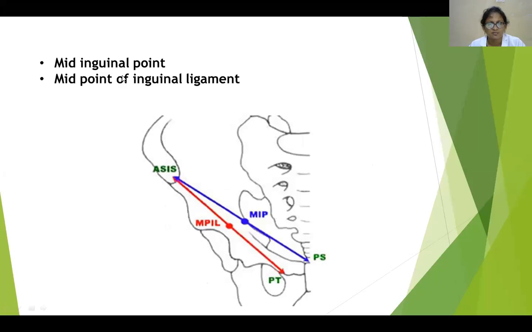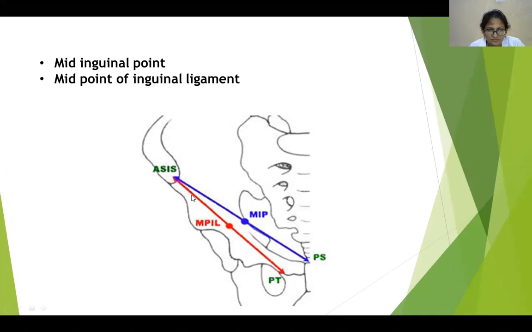Next, coming to the mid-inguinal point and the midpoint of the inguinal ligament. What is the mid-inguinal point? See, this is the anterior superior iliac spine. This is the pubic tubercle. This is the pubic crest. This is the pubic symphysis.